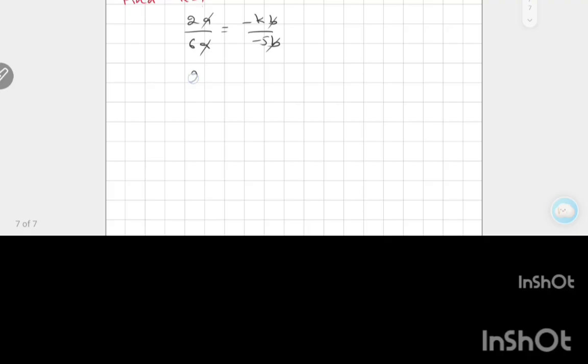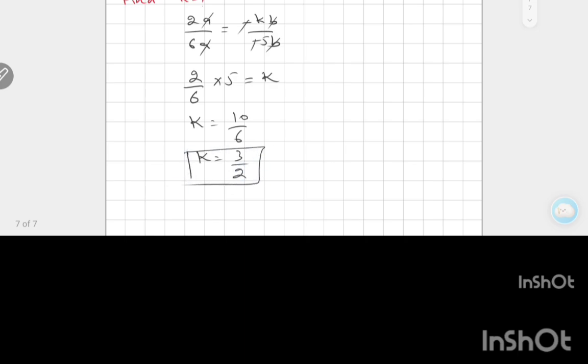The minus and minus cancel with each other. So 2 multiplied by 5 will be k. Now k equals 10 divided by 6. Here we can also write it as 3 divided by 2. Hopefully, dear student, it's very easy to understand.